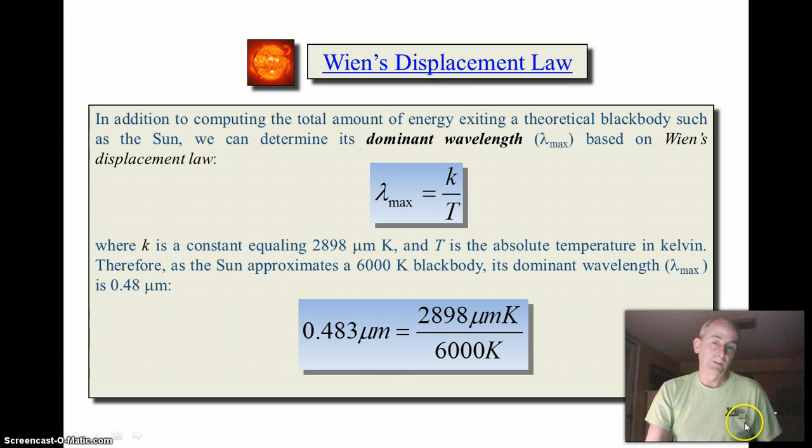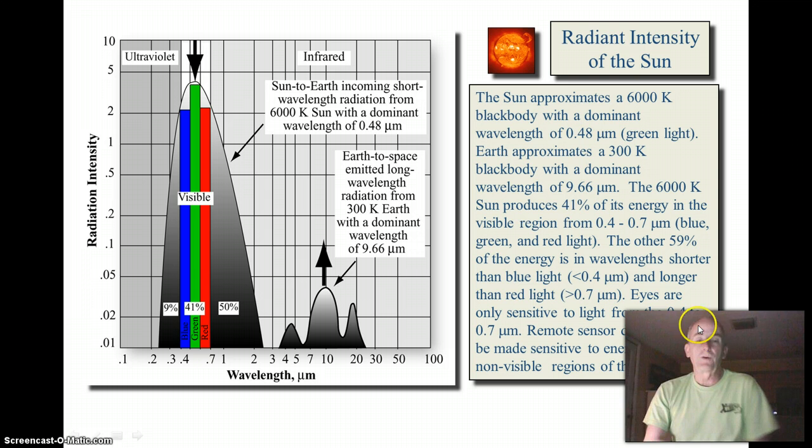Again, you guys did a great job with this. The radiant intensity of the sun, as we know, peaks in the visible, very convenient for us and our eyes. This is something that really shapes a lot of what we do in remote sensing, this characteristic or quality of solar radiation.